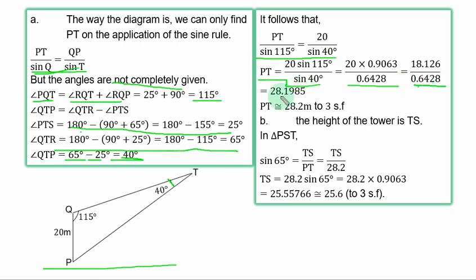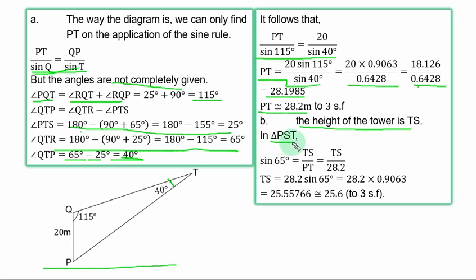After division, PT is equal to 28.1985. To 3SF, PT is approximately equal to 28.2 meters.